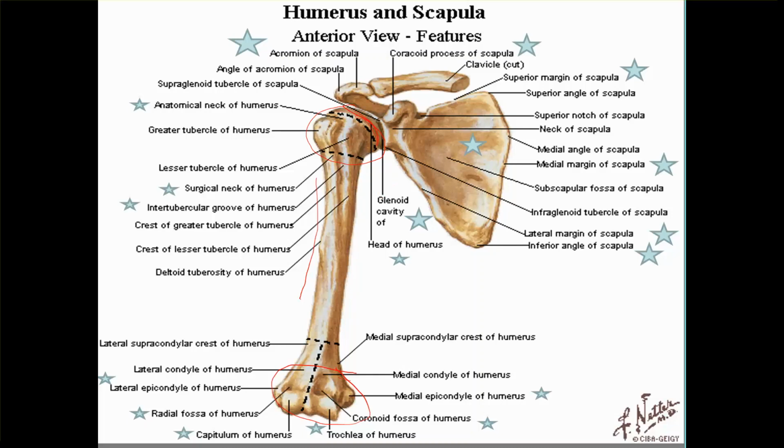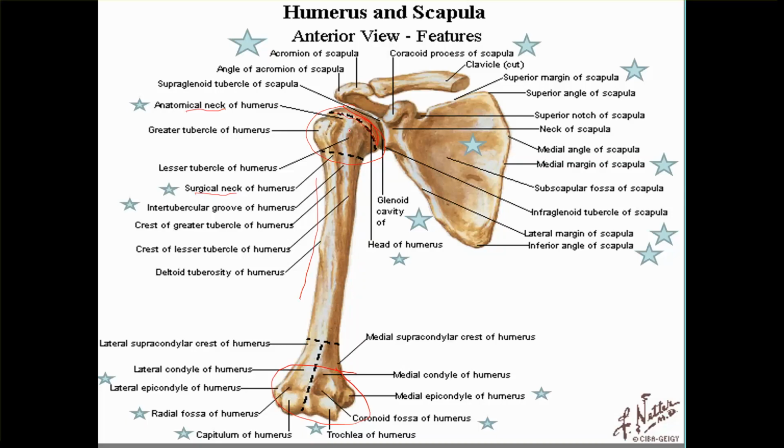Then we also have the neck. Now there are two necks. There is an anatomical neck and there is a surgical neck. How to identify? Can you see the black line over here? This is called the anatomical neck. So the anatomical neck is between the head of the humerus and two tubercles.